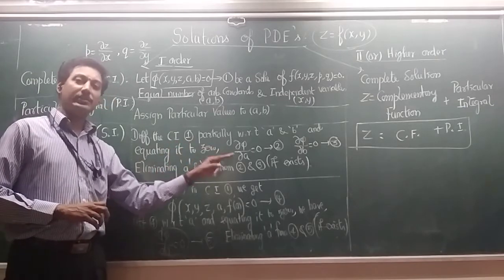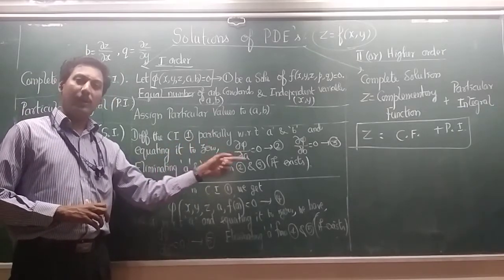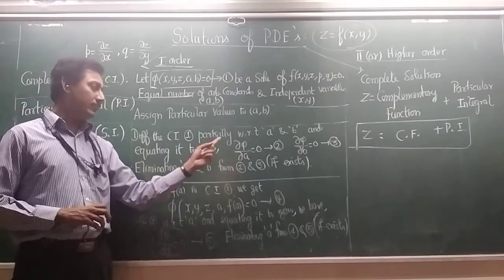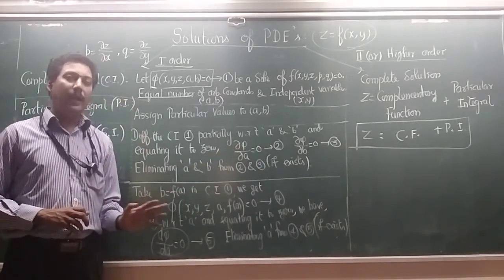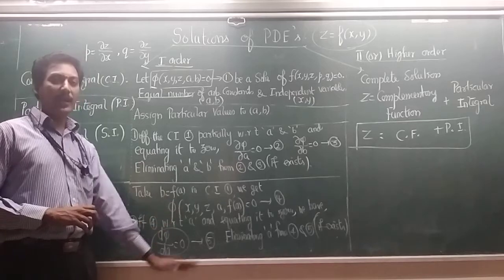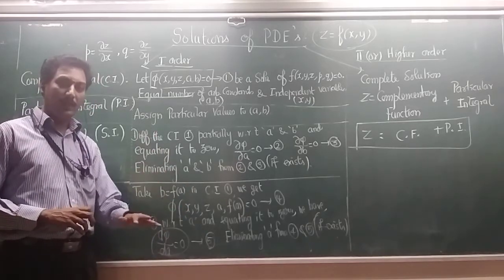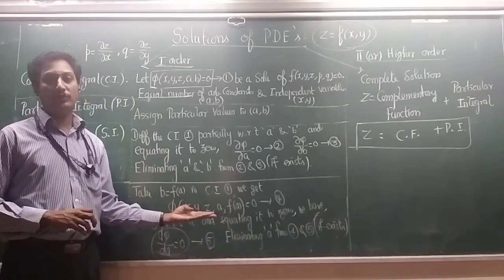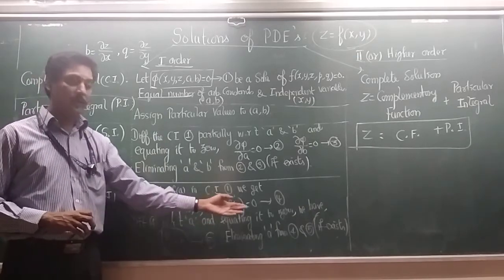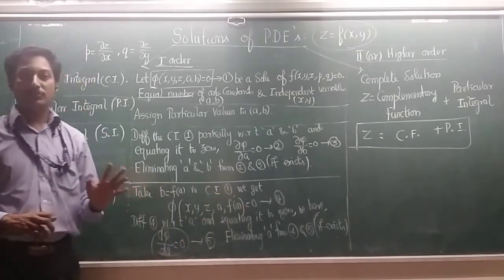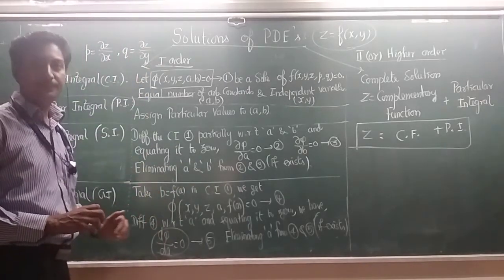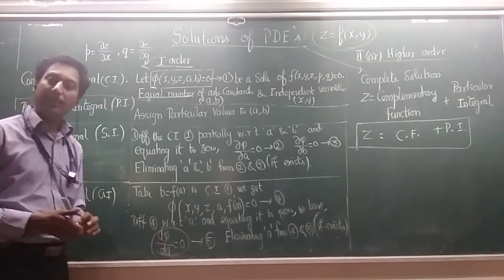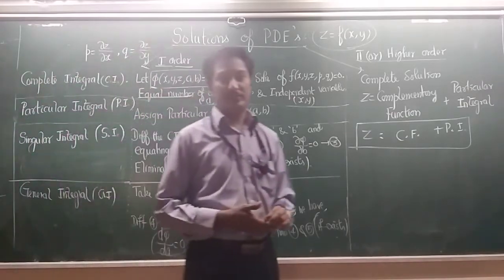Differentiating with respect to both constants, equating to 0, and eliminating those two constants from equations 2 and 3, we get the singular integral. Assuming b is a function of a, or a is a function of b, differentiating with respect to a or b and eliminating, we get the general integral. So those are the different types of integrals of first order partial differential equations.